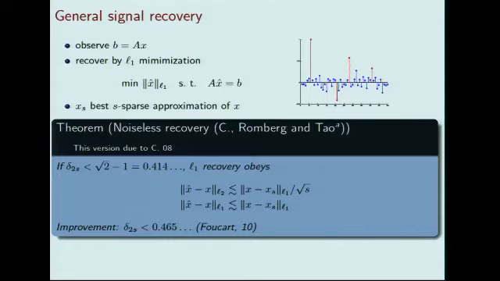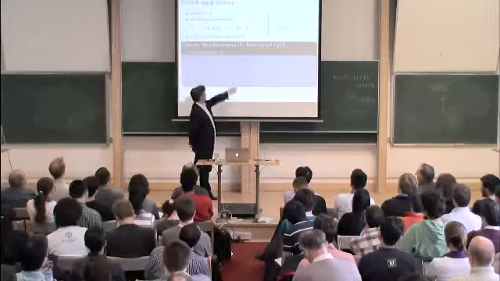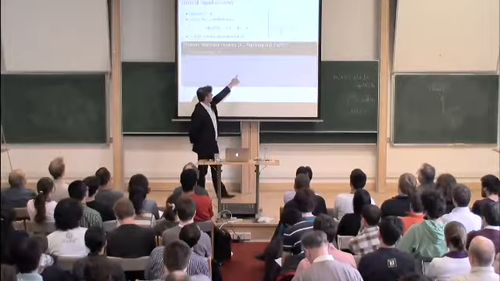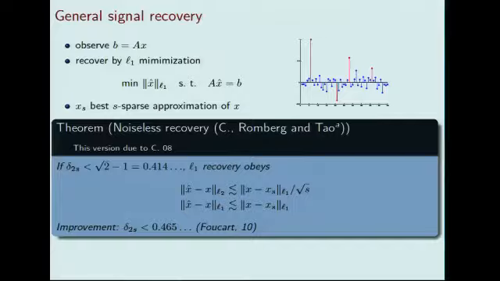Right? So if you're interested in squared error norm, then you've got something like this. The distance between x hat and x in L2 is less than the distance between x and x_s in L1 divided by square root of s. Right? This is essentially a result we obtained with Justin and Terence in 05. The presentation you see here is a small improvement, and today we know that the same theorem is true if delta 2s is actually 0.5465. There's an upper limit. Delta 2s cannot get too large.